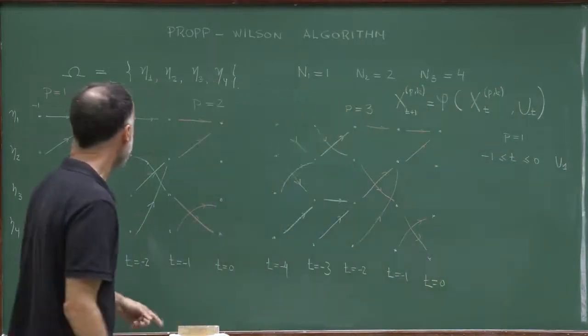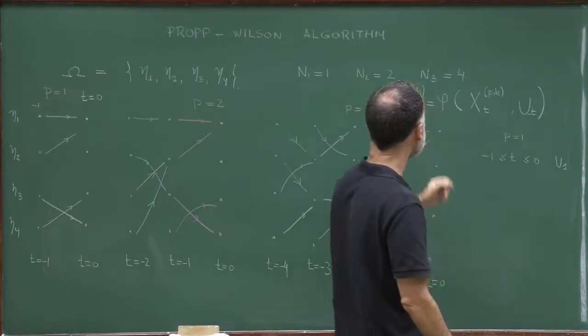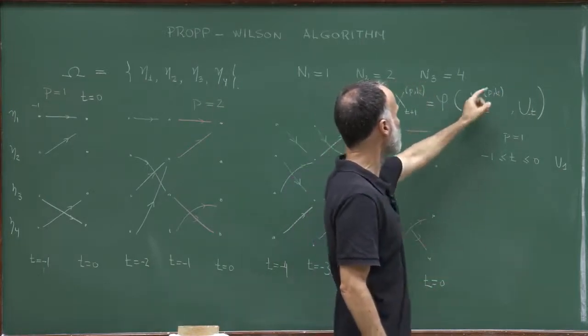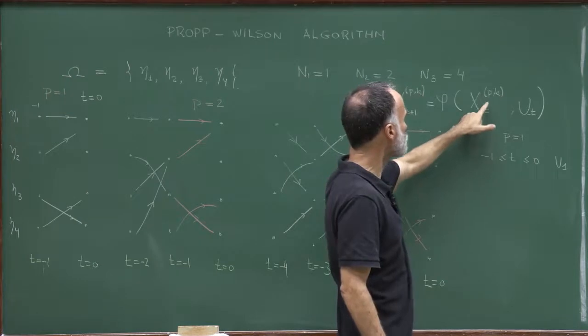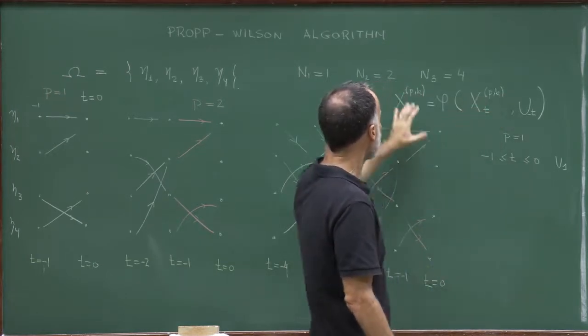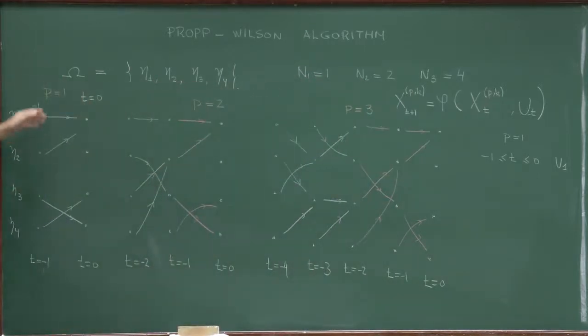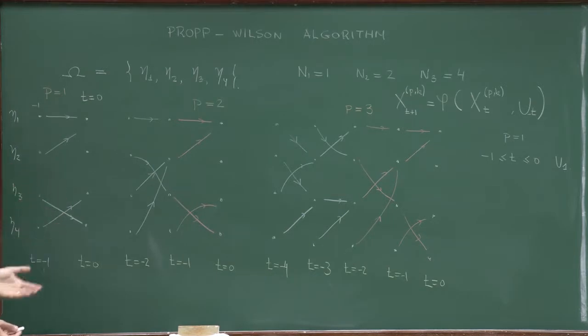So by plugging u1 in this formula and by replacing x minus 1, 1 k by eta k, I get the value of x at time 0, and this is what this computation produced.